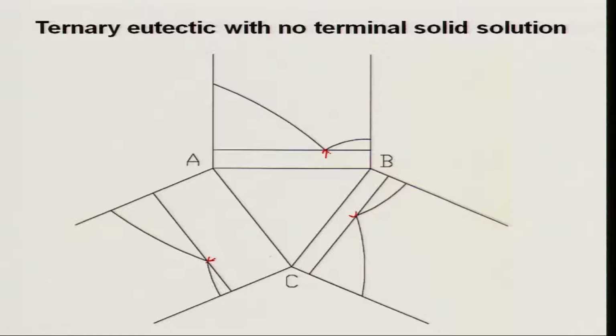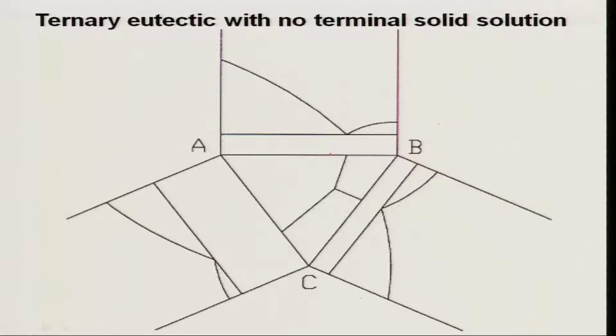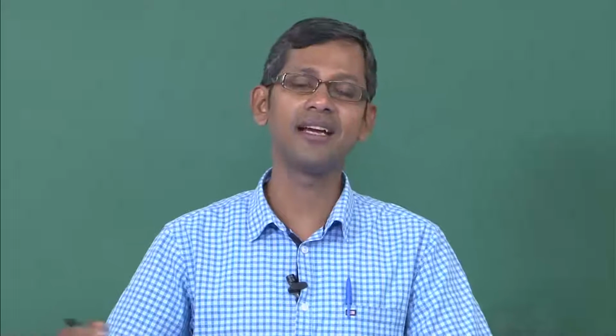You can see here there is a eutectic present in all the cases, and because of that, as I told you in the beginning, there will be a ternary eutectic present, which will lie inside the Gibbs triangle. Obviously, that is why it is called a ternary eutectic, and it is a true ternary eutectic. Why? Because not only does the composition lie inside the ternary Gibbs triangle, but also the eutectic reaction involves 4-phase equilibrium.